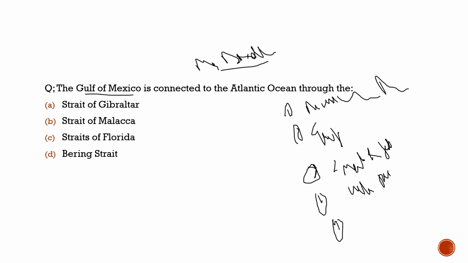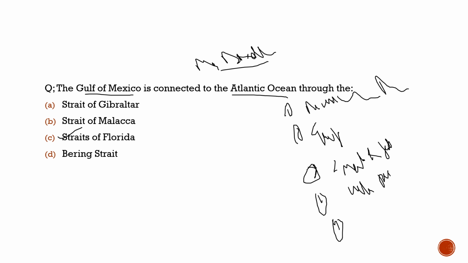With respect to that, my eye caught the Gulf of Mexico. We need to know through which strait it is connected with the Atlantic Ocean. It may be asked in the exam, and as it was mentioned, it became very important. It is connected through the Strait of Florida.